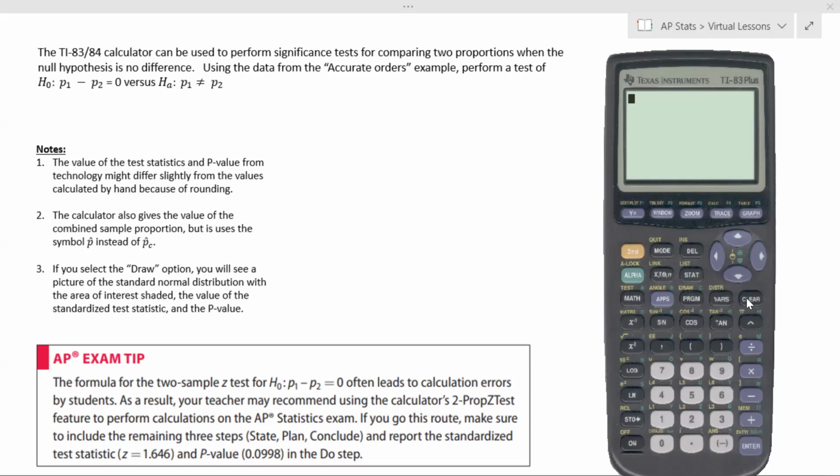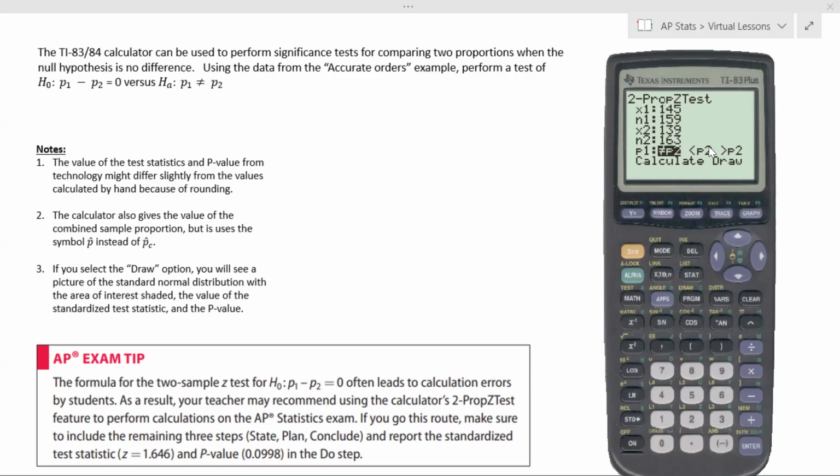So we're going to go stat over to tests and then down to two proportion z-test, which is number 6. So you put your values in. In this case, the number of successes for sample 1 was 145, the sample size 159. I already put these in to save time. Sample 2 successes were 139, sample size 136.